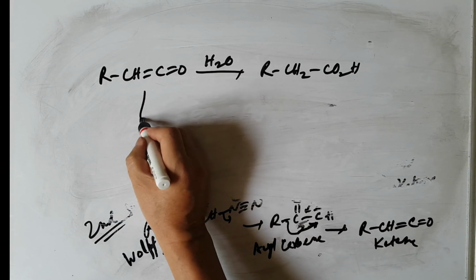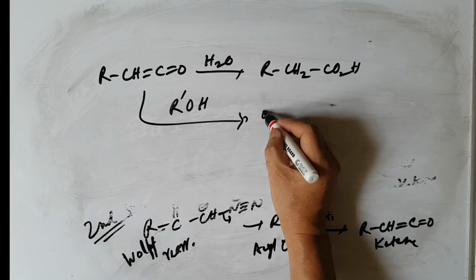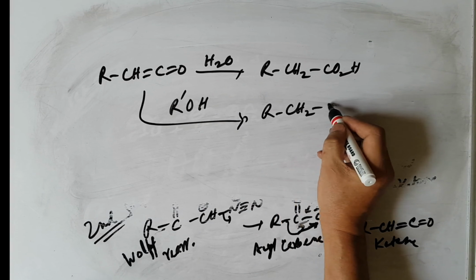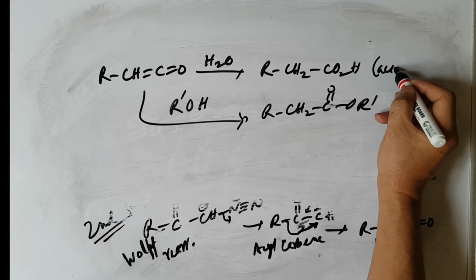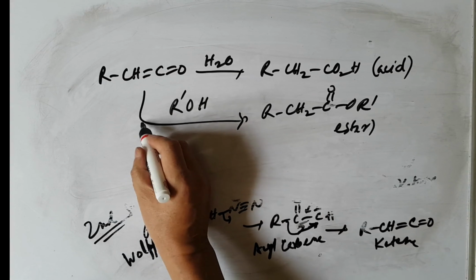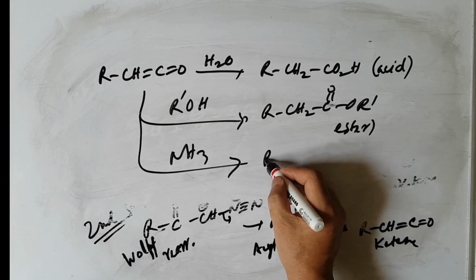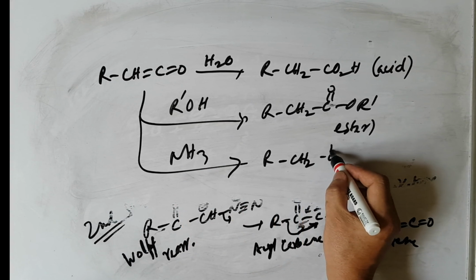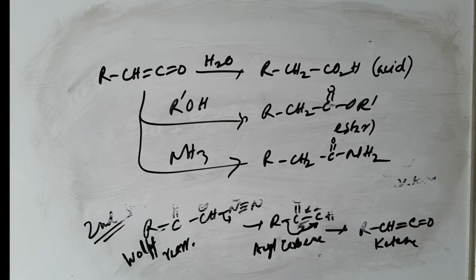If you react with alcohol, then you get the ester. If you react with ammonia, you get the amide, CH2CONH2, like this. So once the ketene is formed, you can undergo hydrolysis, alcoholysis or ammonolysis.